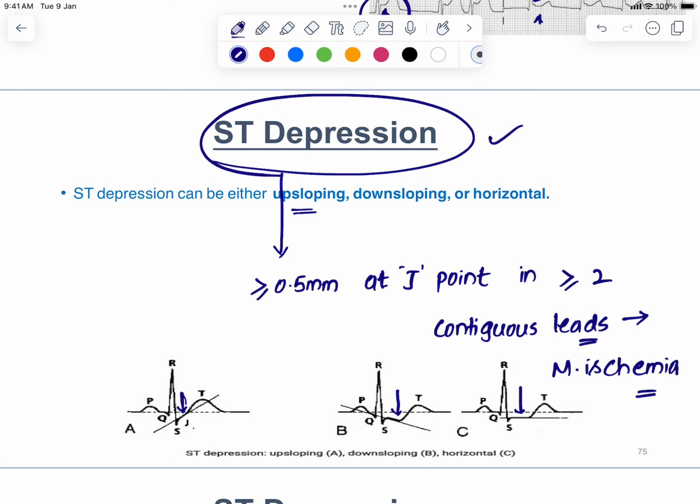All right, now you need to be aware of all other conditions where you have the presence of ST segment depression apart from myocardial ischemia.